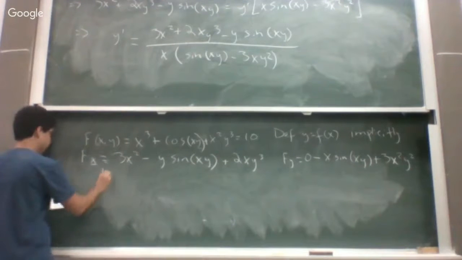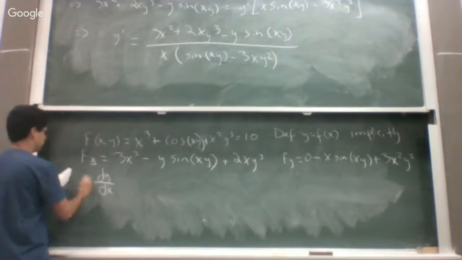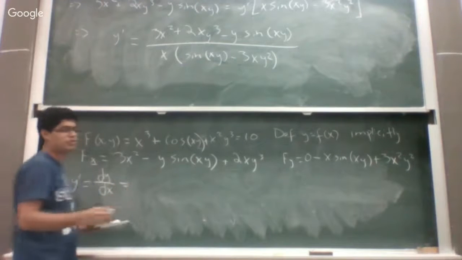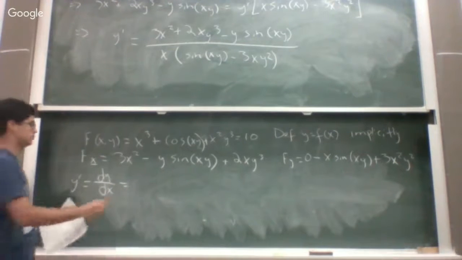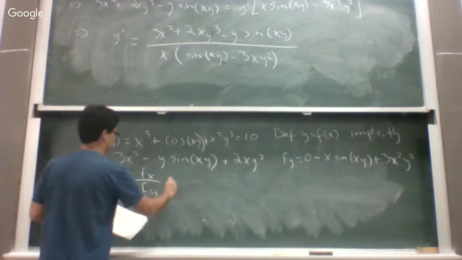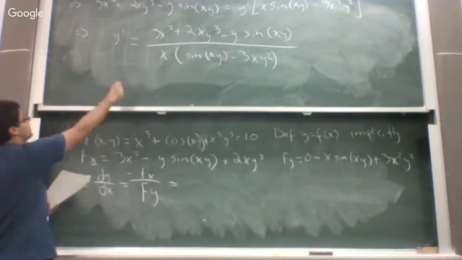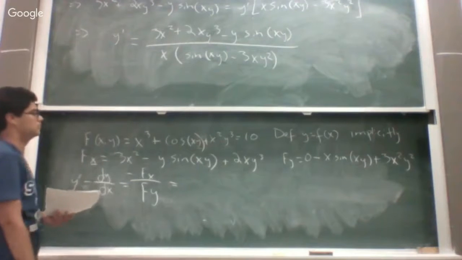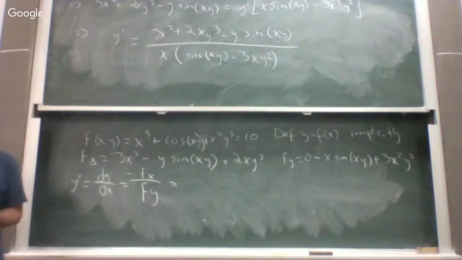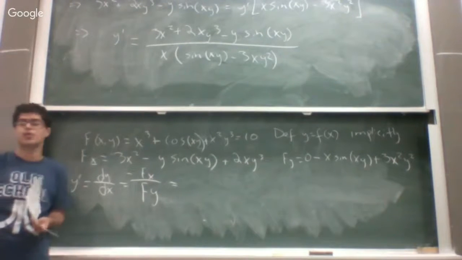So then the derivative of y with respect to x, which is y prime, is equal to, what is the formula? Negative f of x over f of y, which is that. And your answers should come out the same. If they don't, you did something wrong.